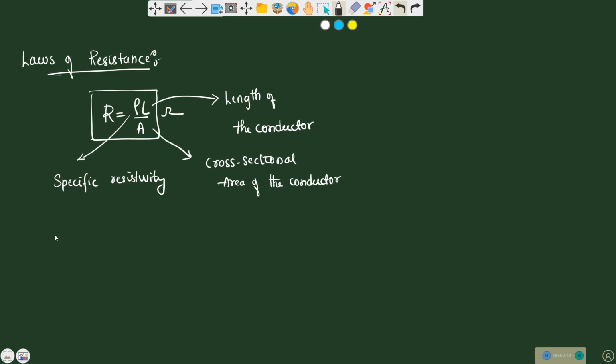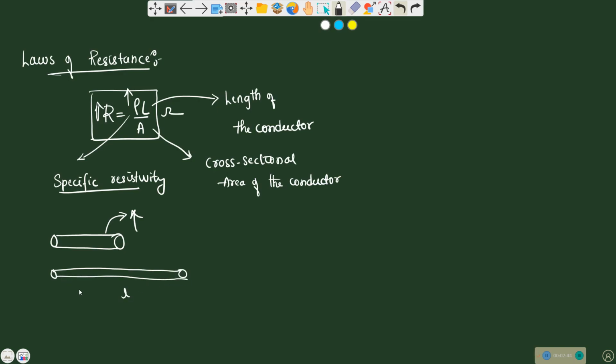Let me take a conductor and give you an example. This is a conductor, and its resistance depends upon its specific resistivity. As specific resistivity increases, resistance will increase. Likewise, if the length L of the conductor increases, resistance increases.